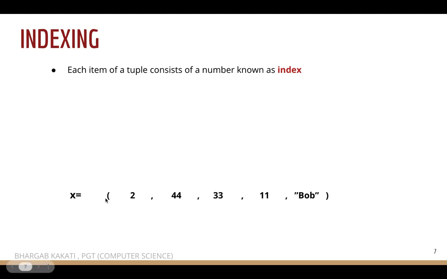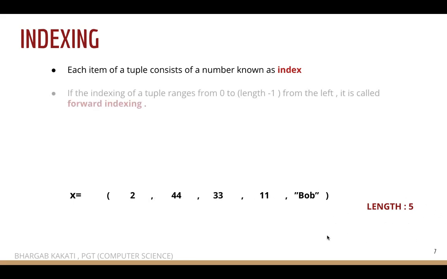Alright, so let's say x is a tuple, as you can see on the screen. What is the length of this tuple? How can we find out the length? By counting the number of elements. Length means nothing but the count of the number of elements. How many elements do we have here? 1, 2, 3, 4 and 5. So length is 5 here.